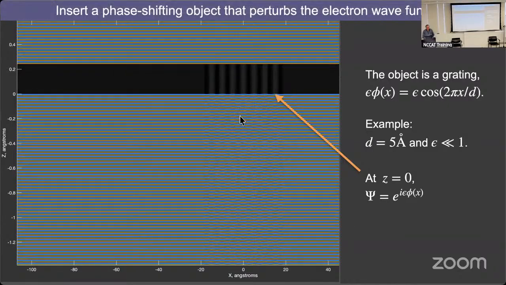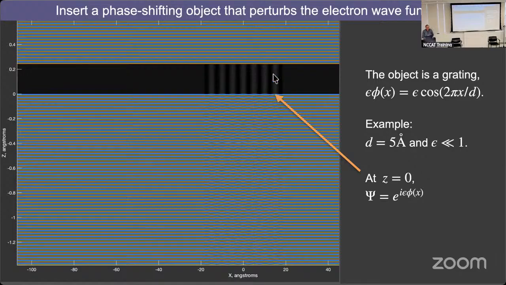Okay, so we're going to insert a phase shifting object, a grating, to perturb my wave. You can see, if you look carefully, the little perturbations of the wave fronts below this object. I'm going to say that this grating is a variable phase as a function of x, and the grating periodicity is going to be 5 angstroms, and it's a very small perturbation of phase.